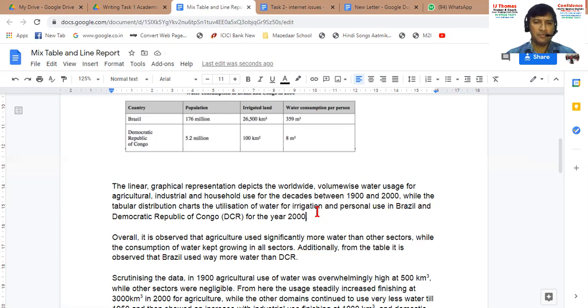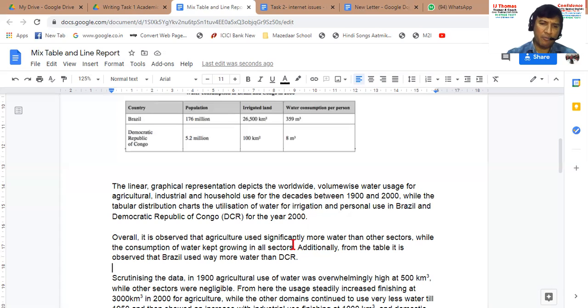Overall, it is observed that agriculture used significantly more water than other sectors, while the consumption of water kept growing in all sectors. Additionally, from the table, it is observed that Brazil used way more water than DCR.